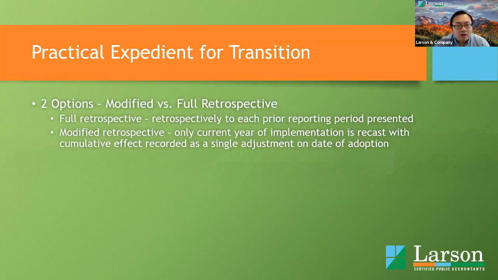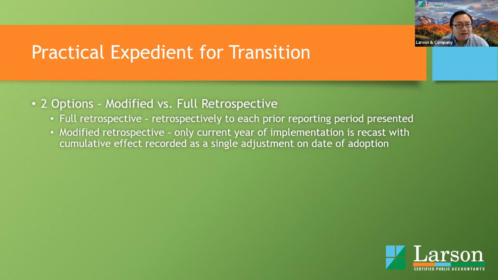The first one: when you are adopting this, you could use either the modified retrospective approach or the full retrospective approach. If you have experienced accounting changes before, usually they require the full retrospective, where you have to recast your comparative financials between last year and this year, and show both years as if this was in adoption all along.